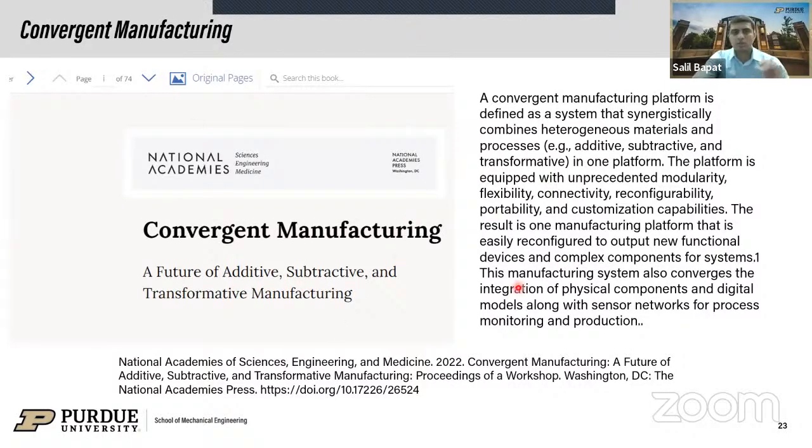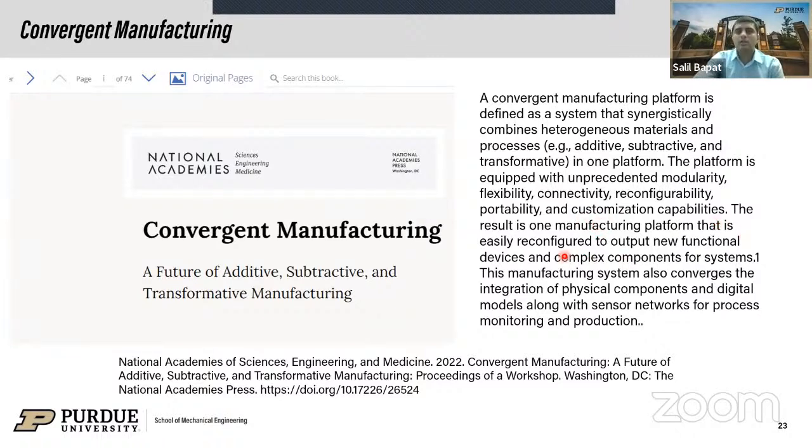And just to take one excerpt from this report, it defines a convergent manufacturing platform as one that synergistically combines heterogeneous materials and processes. Remember the gap that I was talking about in the previous slide. For example, additive, subtractive, and transformative processes in one platform. The platform is equipped with unprecedented modularity, flexibility, connectivity, reconfigurability, portability, and customization. All of this was what we talked about, the resilient part.